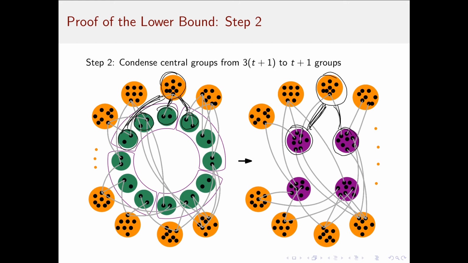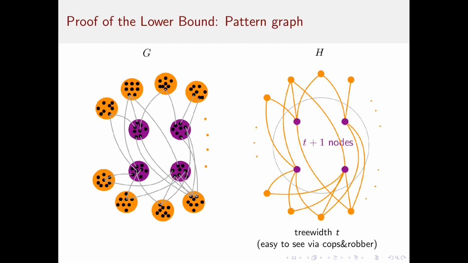So we've now gone from a 3 times t plus 1 hyperclique instance to a subgraph isomorphism instance, and we still have to show that the Treewidth of this new pattern graph, which we constructed, is low. Okay, so here's how our pattern graph looks.